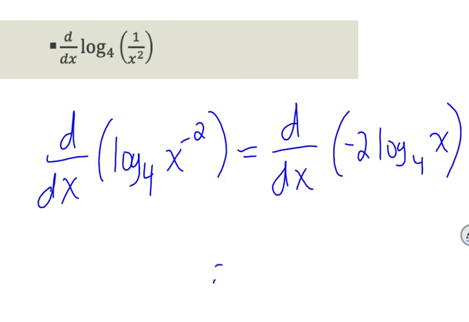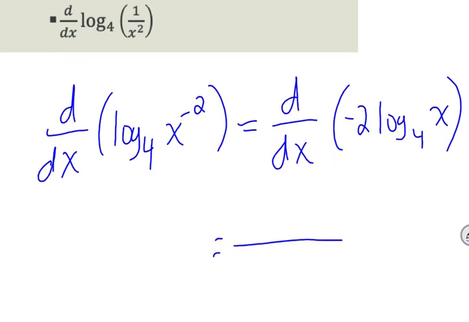So what's my answer now? What goes up top? Any takers on that one? Negative 2. And on the denominator, it's going to start with what?